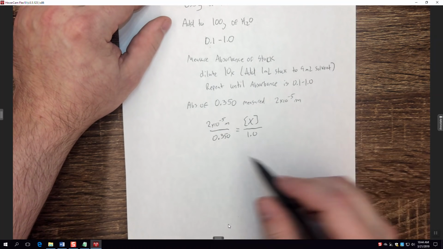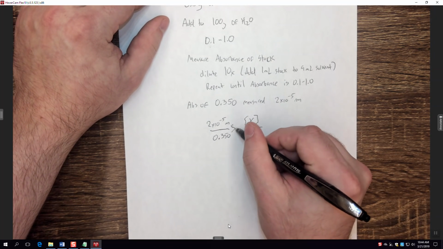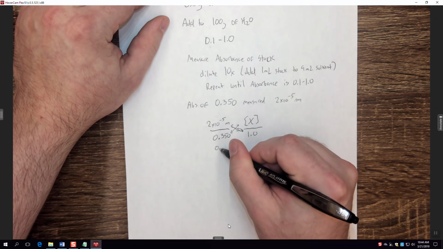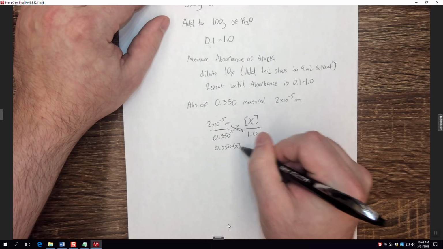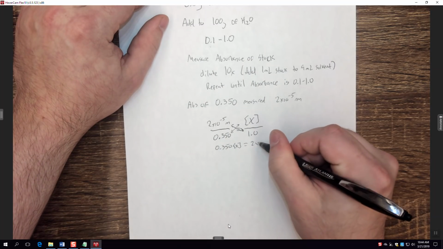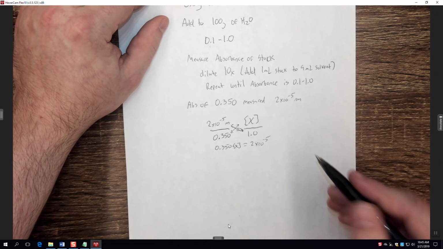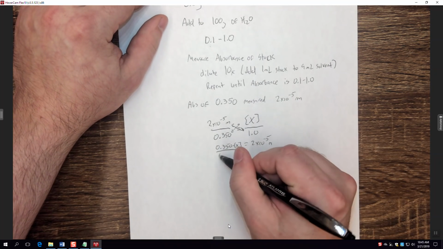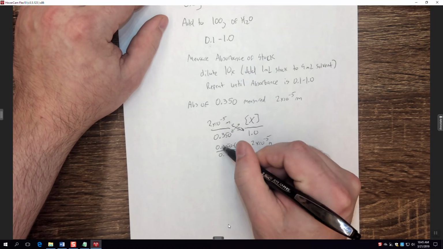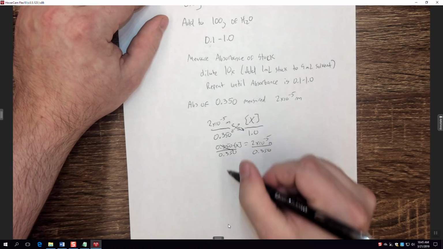So we can set up this equality. If we cross multiply, we need to multiply these two things and these two things. We find that 0.350 times X, our concentration, is equal to 2 times 10 to the minus 5, because 1 times 2 times 10 to the minus 5 is, of course, still 2 times 10 to the minus 5 molal. Now we divide both sides by 0.350 to cancel it out on the left side.